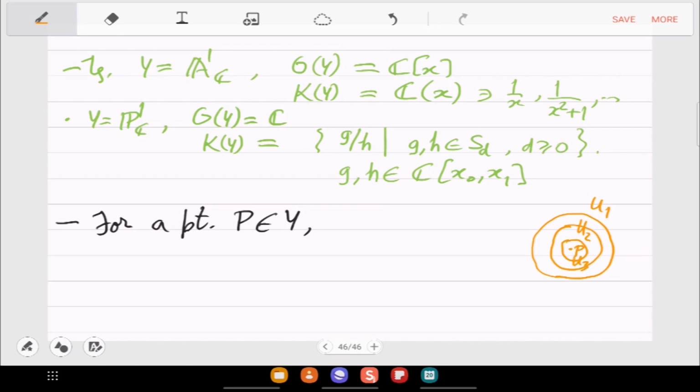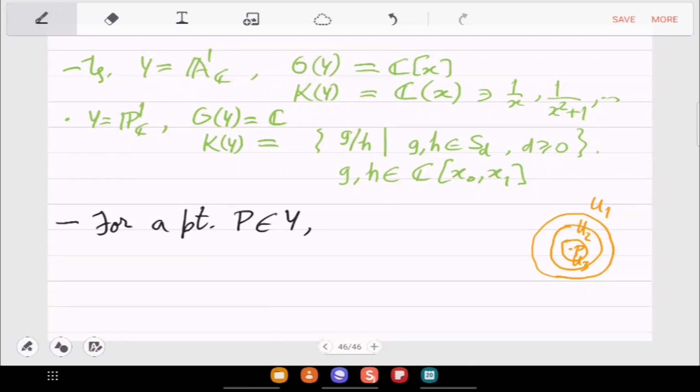Basically you get closer and closer to the point P, and so in the limiting case, what are the functions which remain? You want to study that. As you get closer and closer to the point P, what are the functions amongst KY which will live and others will be excluded? We want to understand that, and now remember, completely algebraically, right? There is no such picture. So you have to do this purely algebraically.